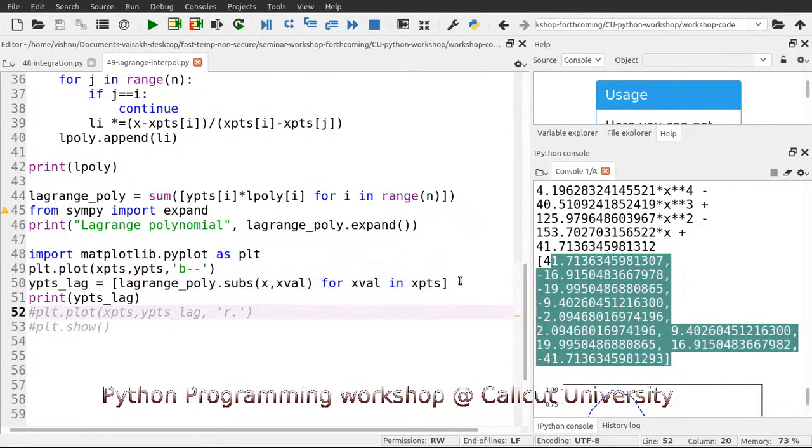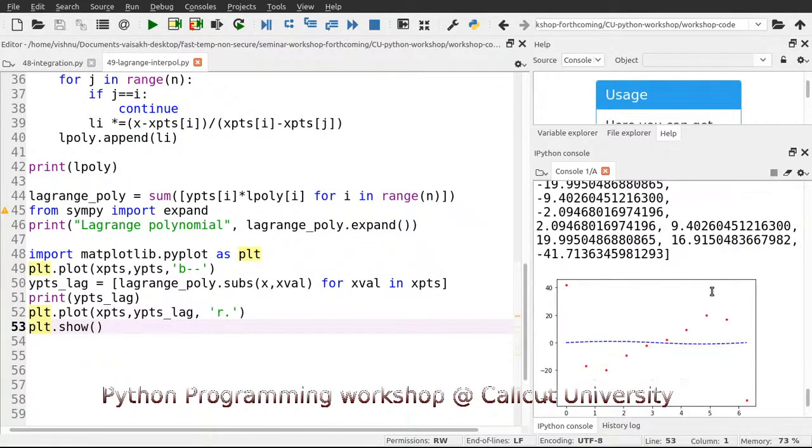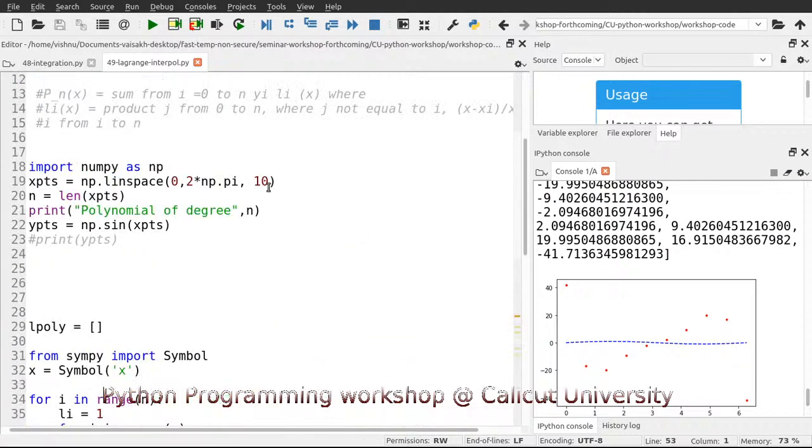Now let us try to see. How many points we have taken? 10 points. Take it 100.